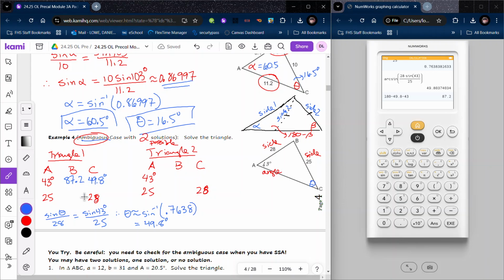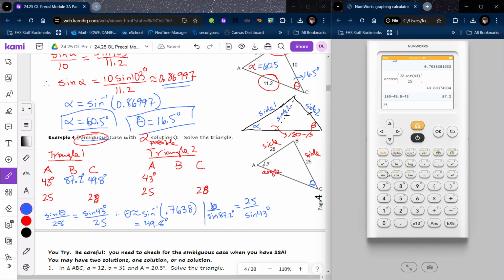That is my other angle, angle B. If I wanted to find that side length, I could say that the side length of B divided by the sine of 87.2 degrees is going to be equal to 25 divided by the sine of 43 degrees.